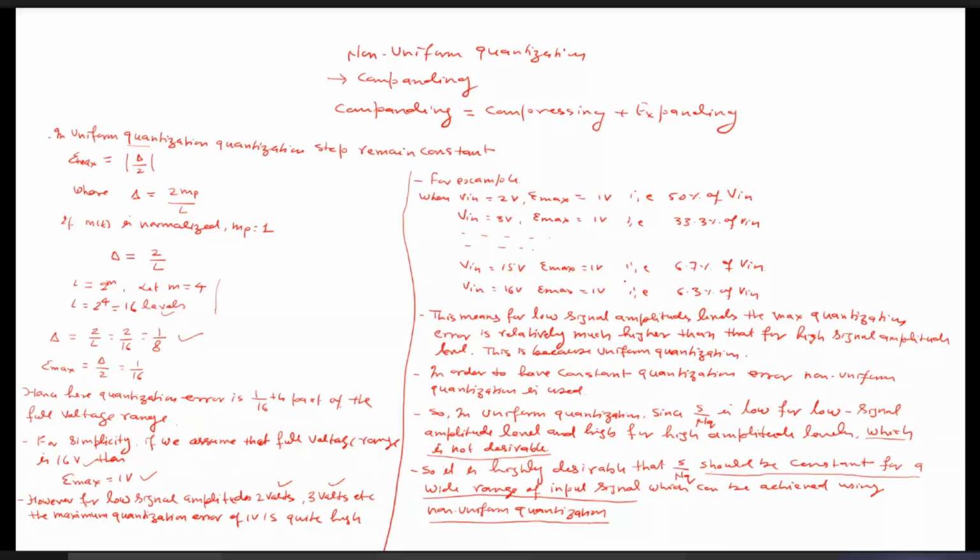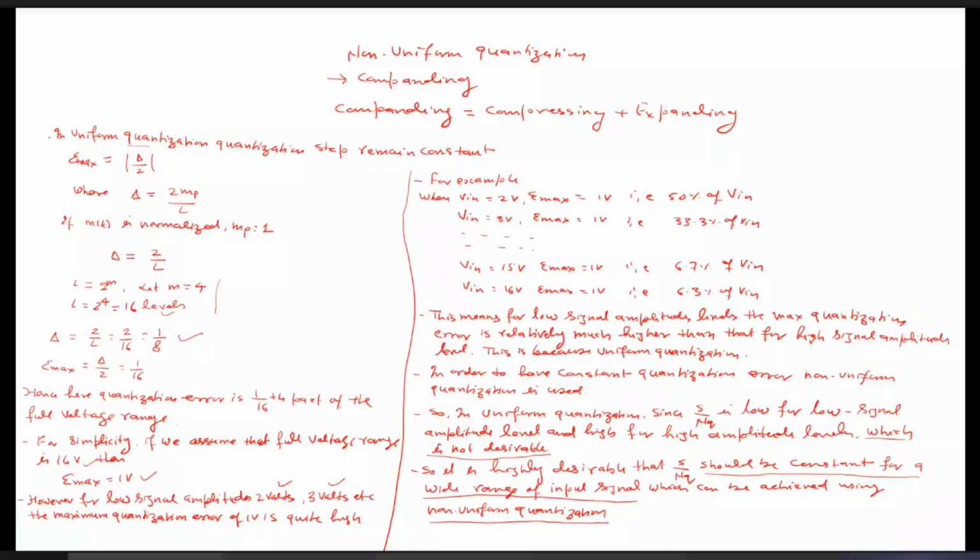That's why I told you that if the maximum amplitude is 16 volt, then this much error is permissible. We can say that this error is small. But if you consider the lower amplitude portion of the same signal, the quantization error is quite high.